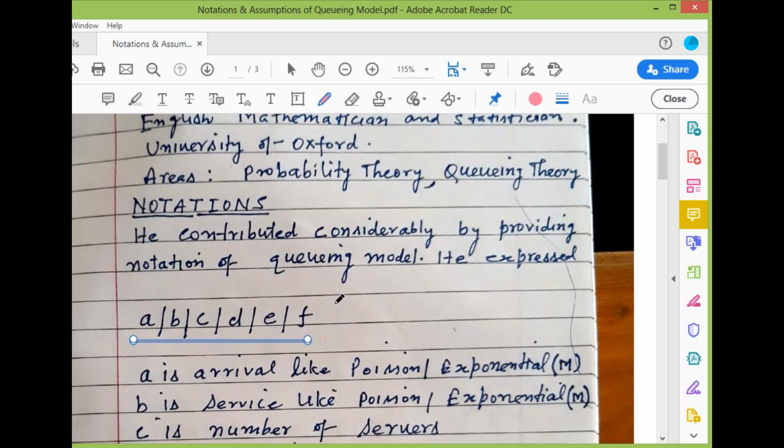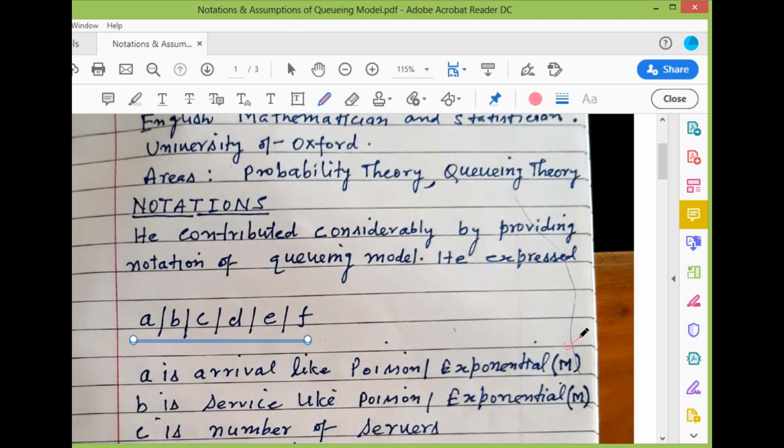A is what? A is the arrival, like Poisson or exponential, whatever we say. This is represented by M. M is Markovian.